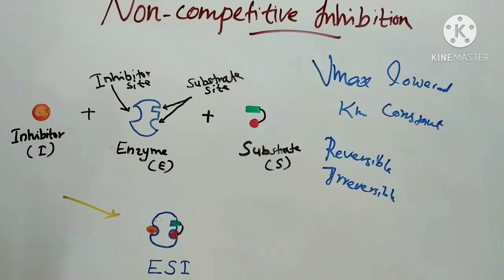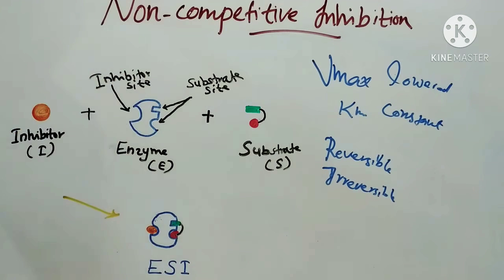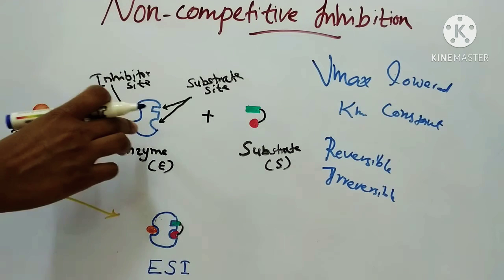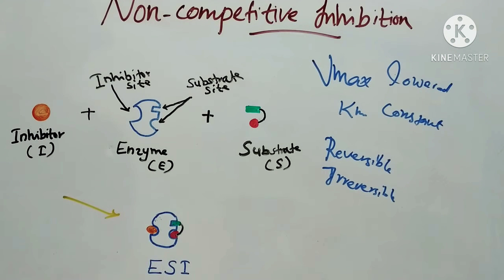without affecting the activity of the enzyme, it is called reversible non-competitive inhibition. That means the inhibitor can be removed from the binding site without affecting the activity of the enzyme, so the activity of the enzyme will not be changed.